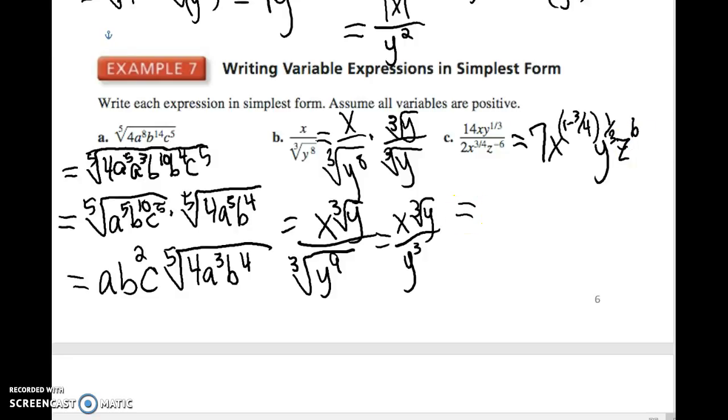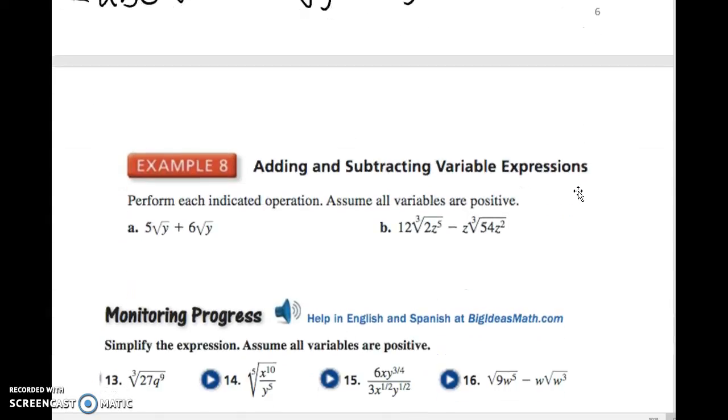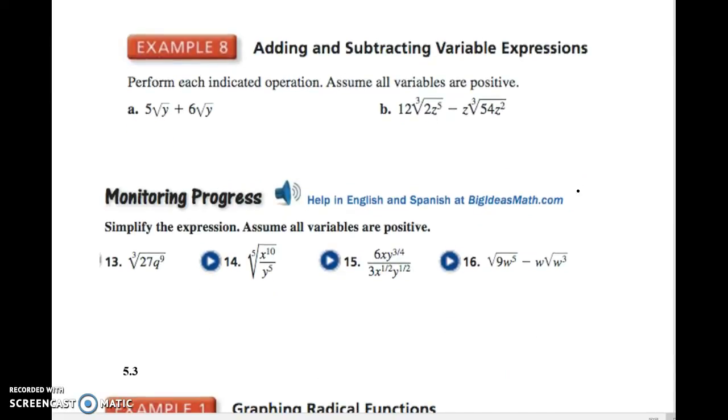And then when we simplify all of that, we get 7 x to the 1/4, y to the 1/3, and z to the 6th. So that's your final answer for part C. Now go to the next page to example 8, and we're going to combine like terms here.